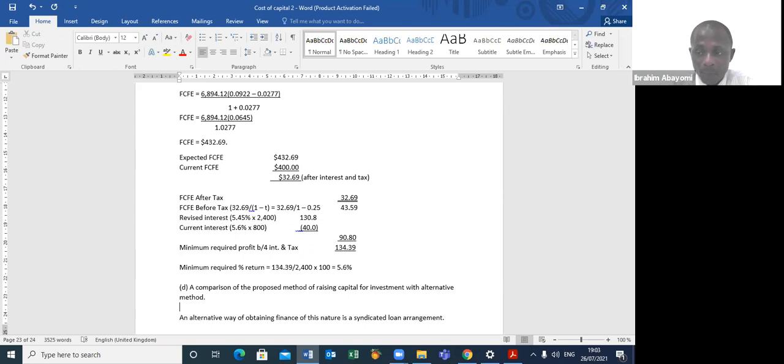However, the interest rate on bond is high. Okay, interest rate on bond is what? Is high. Okay, and if you issue bond, there is no guarantee that the bond will be fully subscribed.